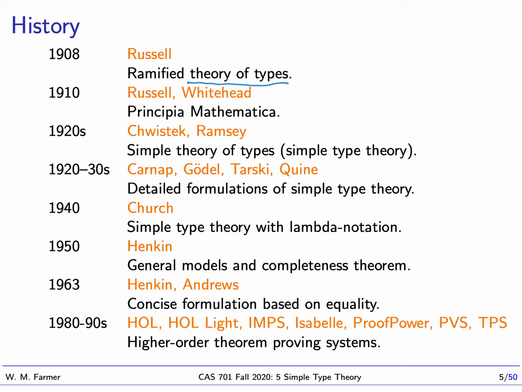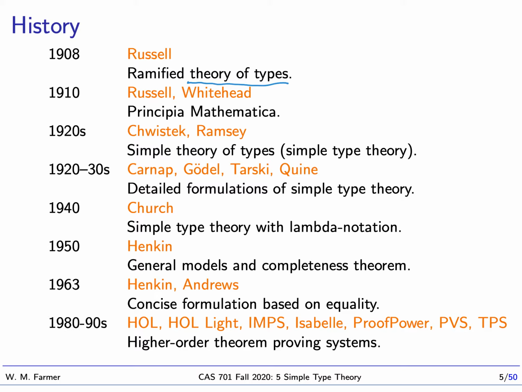And later, in the 20s and 30s, various people, Carnap, Gödel, Tarski, Quine, presented detailed versions of simple type theory. And then in 1940, Church presented another version of simple type theory with lambda notation built in. And this has proved to be very influential. In many ways, this is the start of type theory in computing.